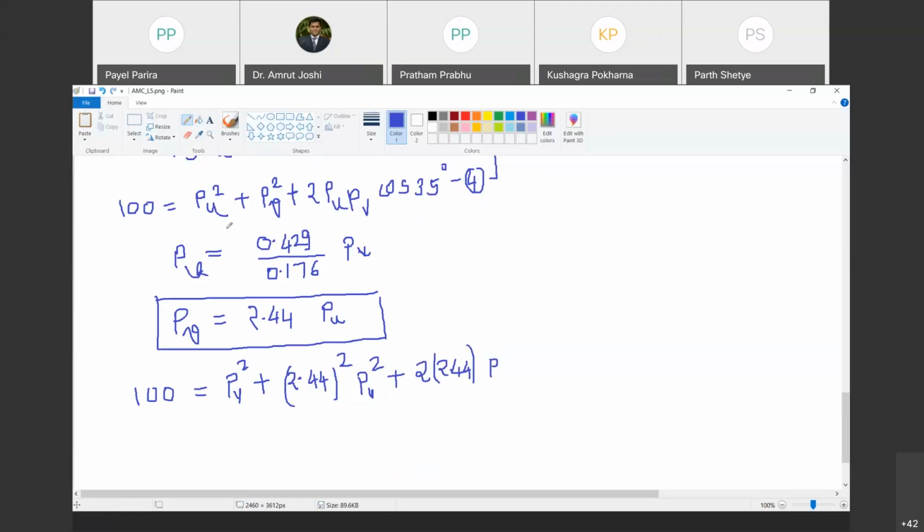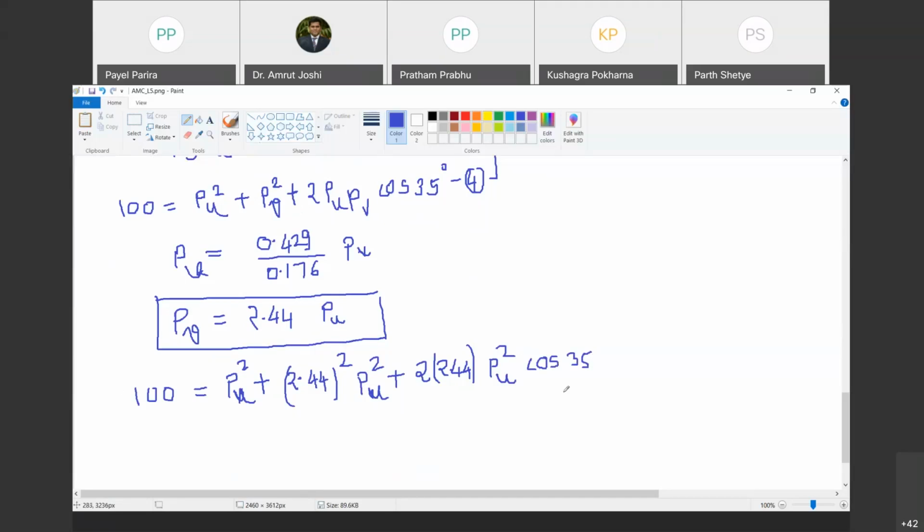Let me write it very clearly. This is U, this is also U, and this is also U. PU square. Are you with me? Yes, sir. Cos 35. This must be equal to 100.